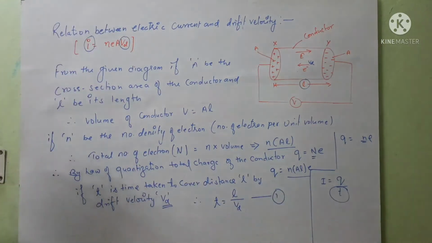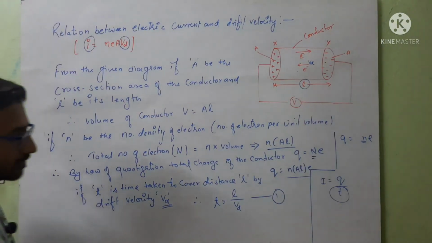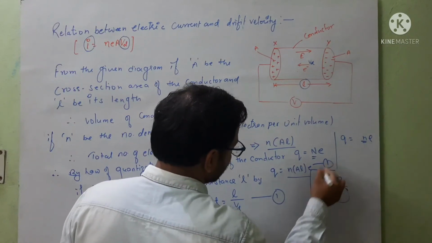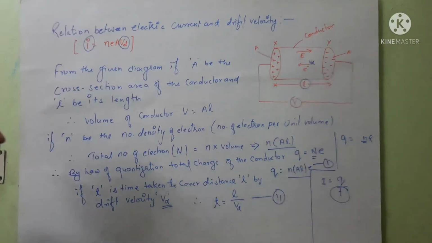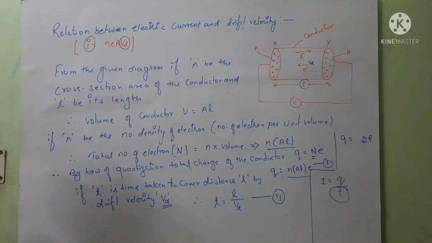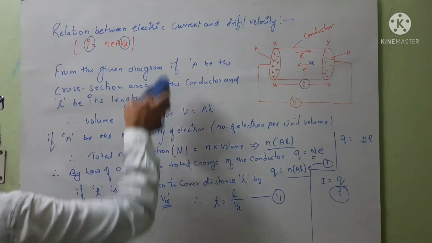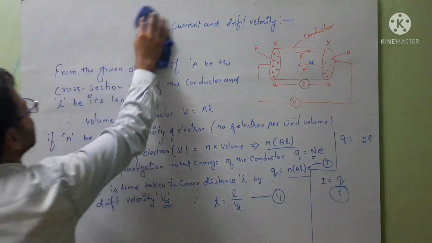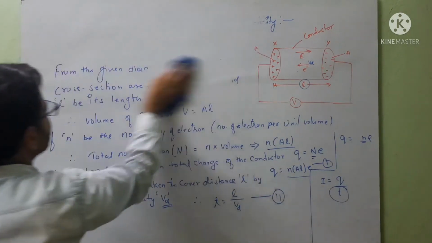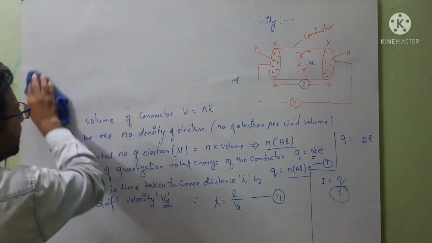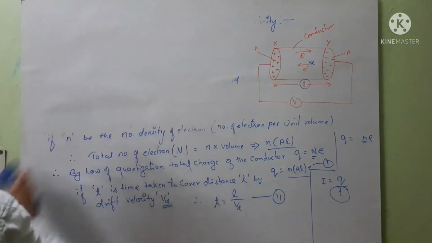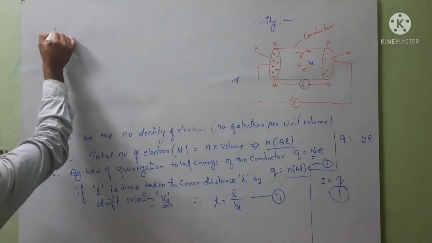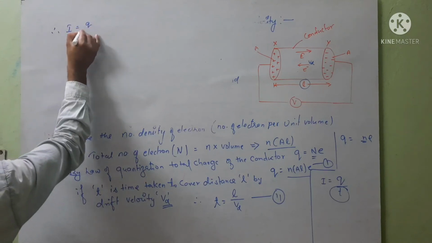Okay, so this is your time t, or if you want to write, this is your first equation, this one is your second. Now you can use the formula of electric current very simply. You will get the answer. Therefore the electric current I is equal to Q upon t.